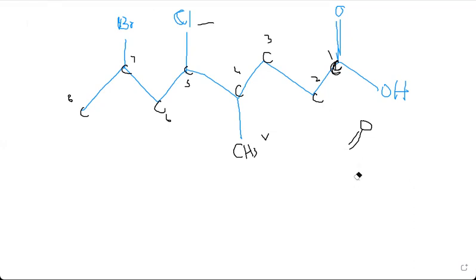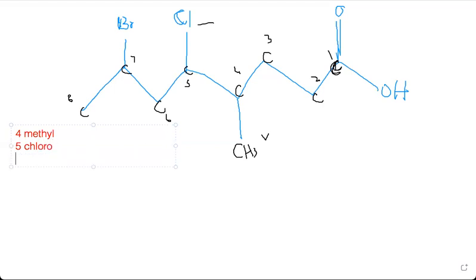Okay, now let's name the chain. Let's see what is present in the chain. We can make a list first. In the chain, let's check: at 4, we have a methyl. Then at the fifth carbon, we have chloro.